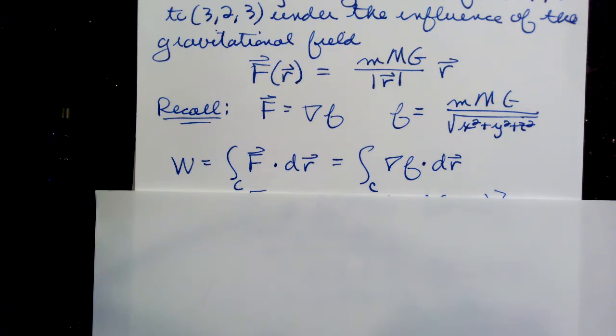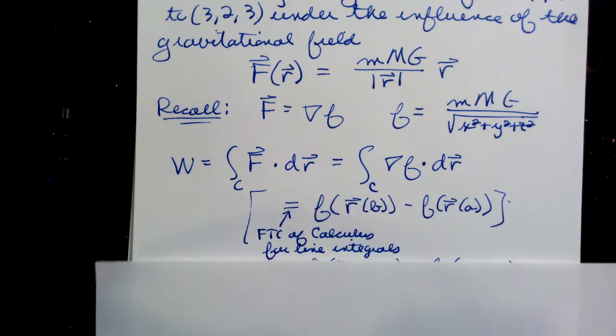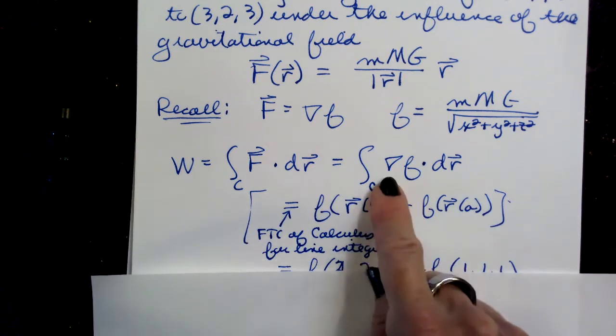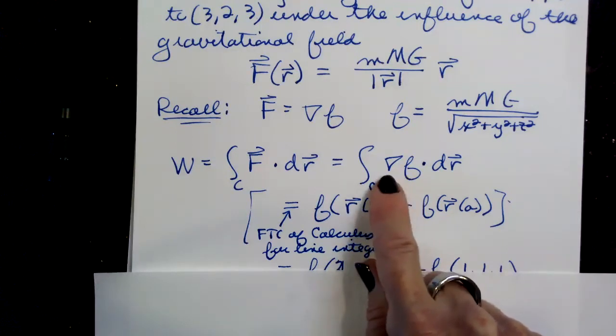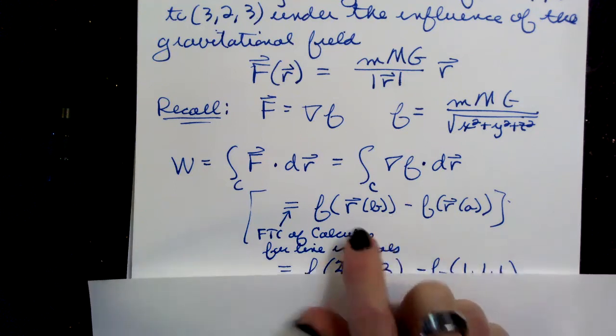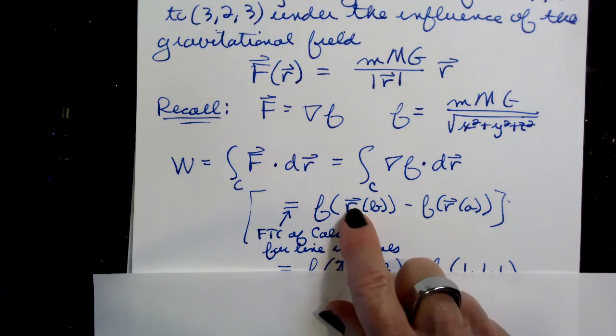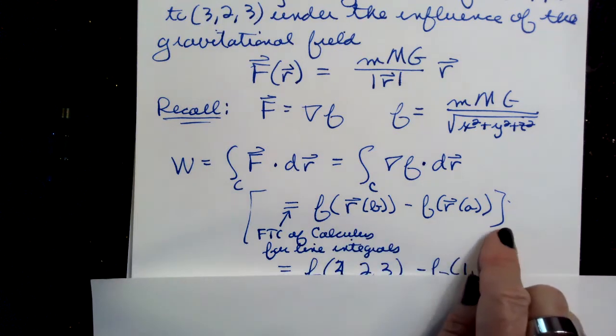But since F is conservative, that's the same thing as the integral along the curve C of the gradient of little f dot dr. Remember, by the fundamental theorem of calculus for line integrals, when you have something of the form gradient dot dr, you evaluate it by f at the ending point of the curve minus f at the beginning point.